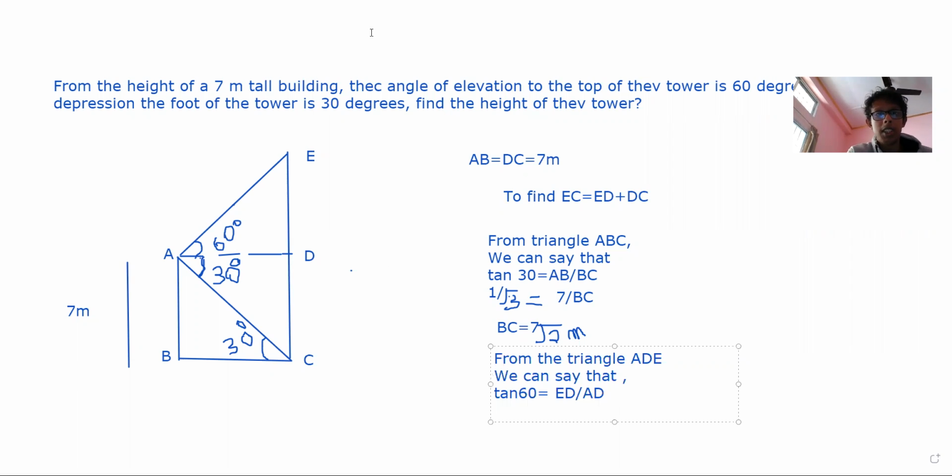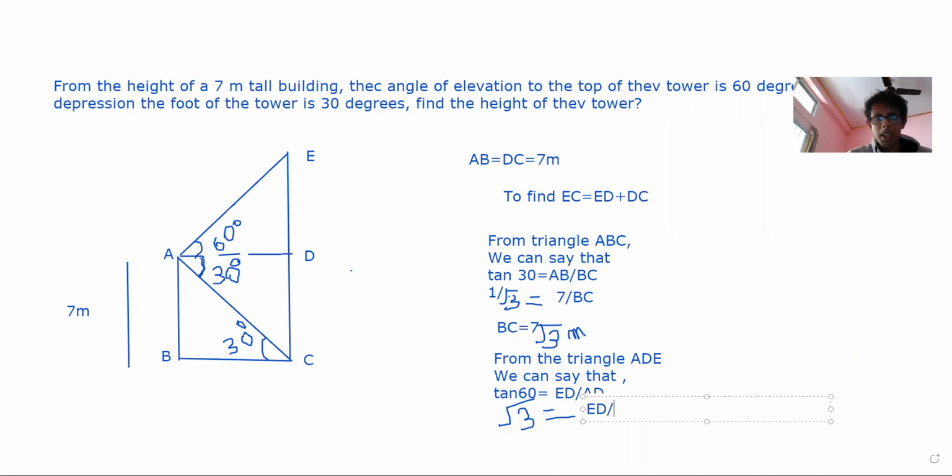Now, what is the value of tan 60 degree? The value of tan 60 degree is √3. So we are just putting the value. √3 equal to, we don't know the value of ED, so we will just write ED, what we have to find out for calculating EC.